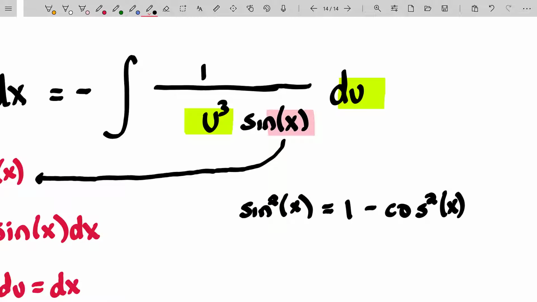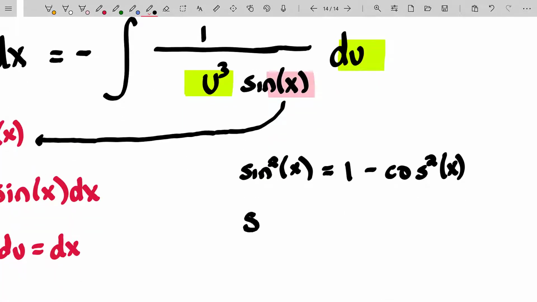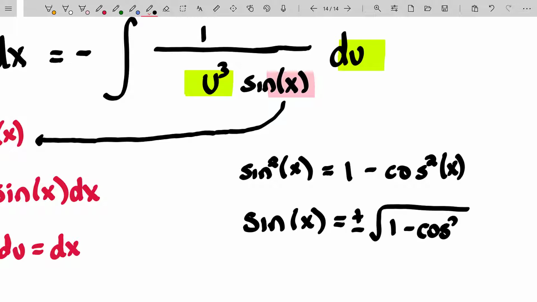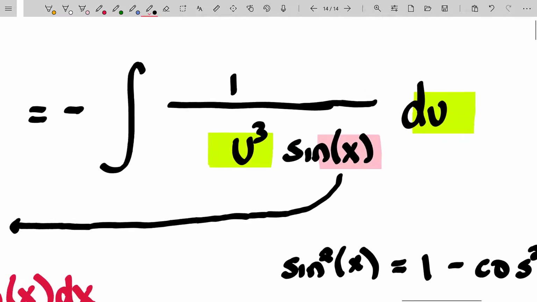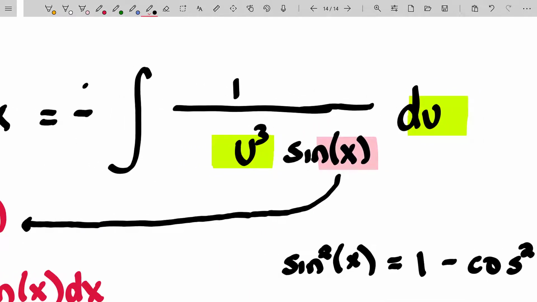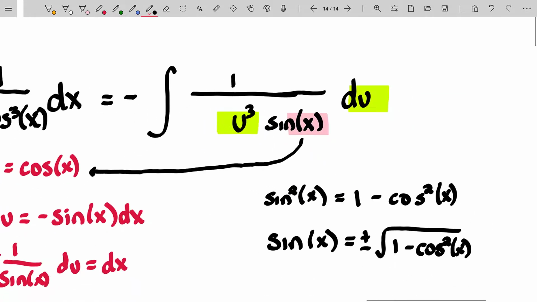And then other people will say, yeah, but if I take the square root of both sides, then sine of x is equal to plus or minus the square root of 1 minus cosine squared of x. Yeah, you're 100% correct. That is absolutely right. However, that means your integral is no longer a single function. It's a list of possibilities. You have a positive version of it and a negative version of it. And not only that, but your denominator will have a square root in it along with a u cubed. That's just terrible. It just gets more and more complicated.